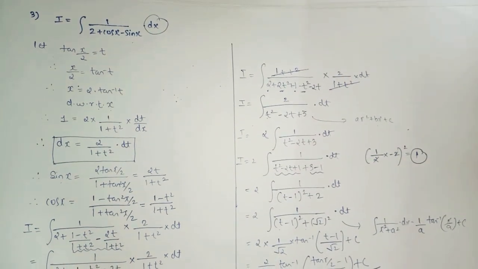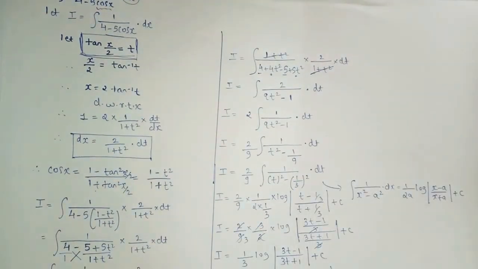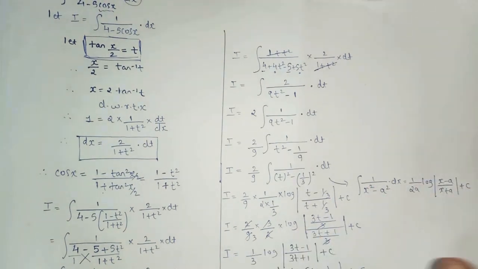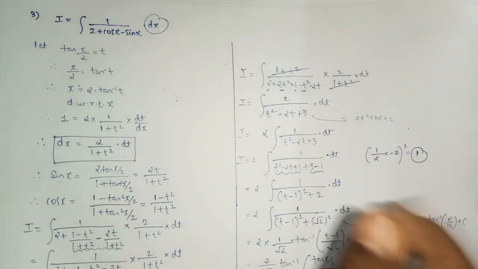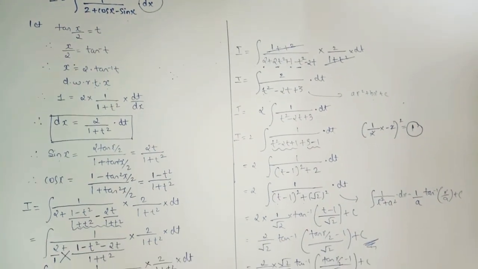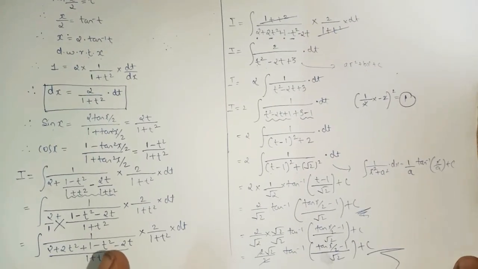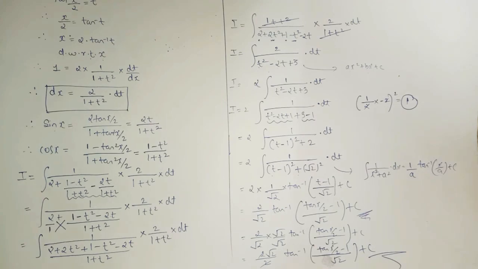And in the second example, the middle term was absent. So whenever the middle term is absent, no need of using the third term concept, directly we can solve the sum further. Whenever the middle term is present, you have to stick with the third term formula, and after that you have to apply the suitable integral formula.